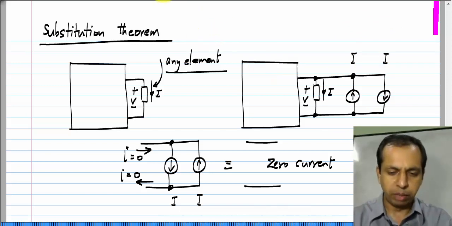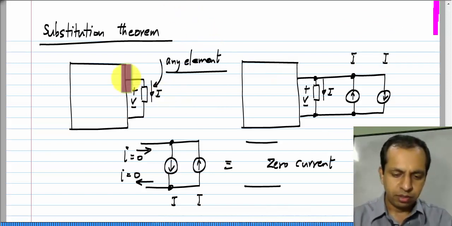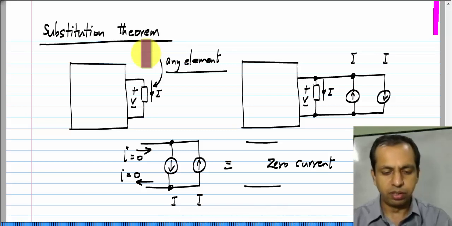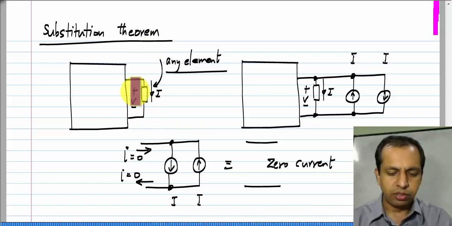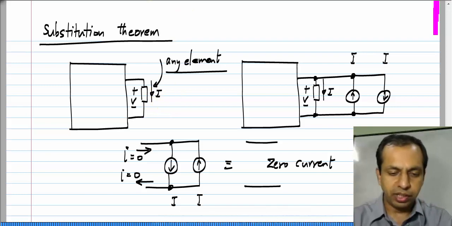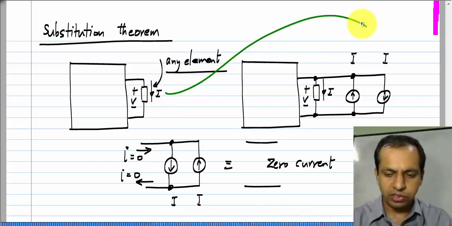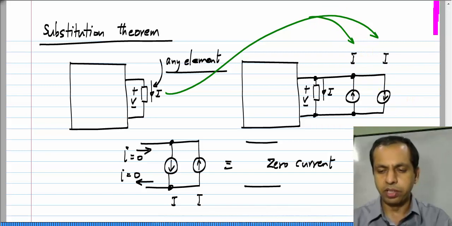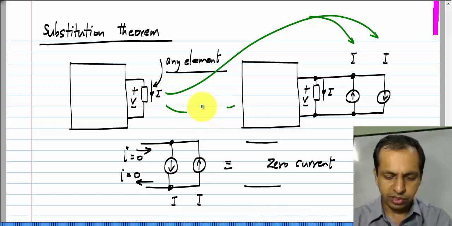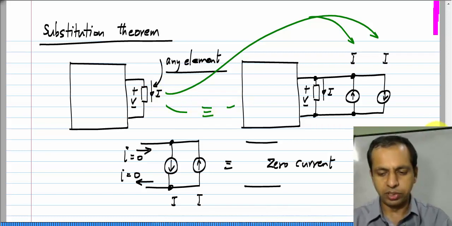as we will see. Now, keep in mind that the circuit is operating in some condition. It has some values of independent sources and so on, and the voltage across this happens to be V and the current through that happens to be I, and I choose the exact same current that is flowing through this, make two copies of it, connect them in anti-parallel across the element. So, clearly these two cases are identical to each other.